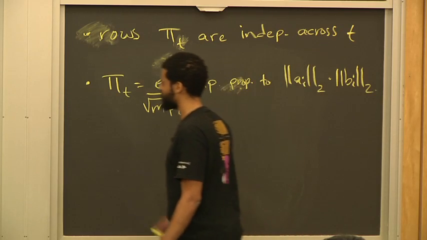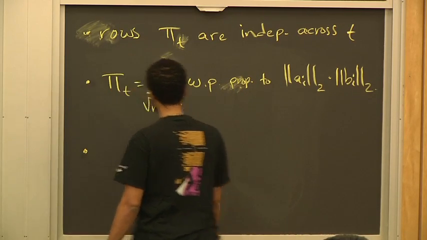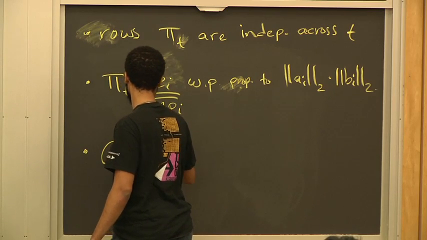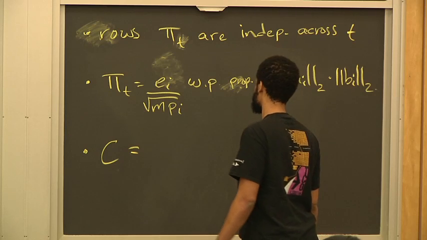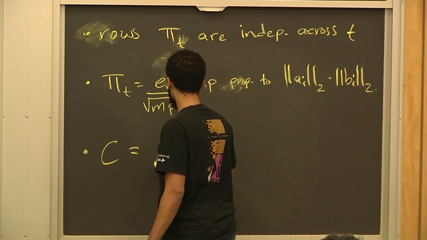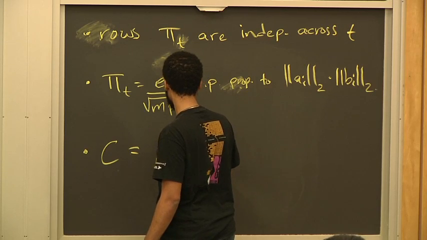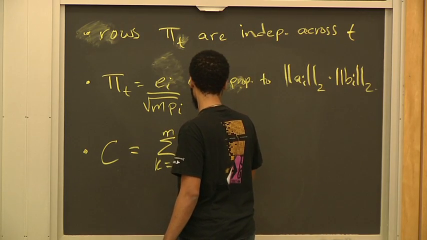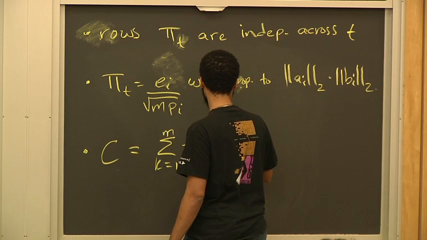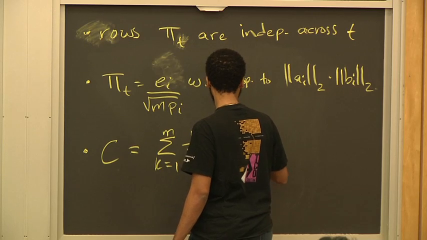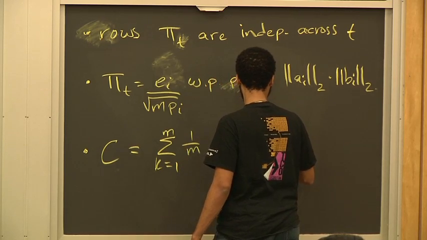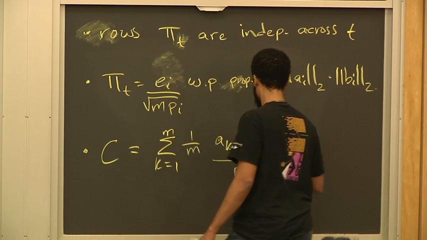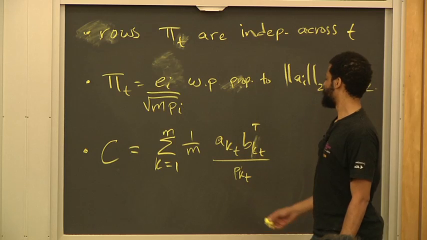So now let's write this matrix C. C is going to be equal to the sum, k goes from 1 to n, of 1 over m, a_kt b_kt transpose over p_kt.